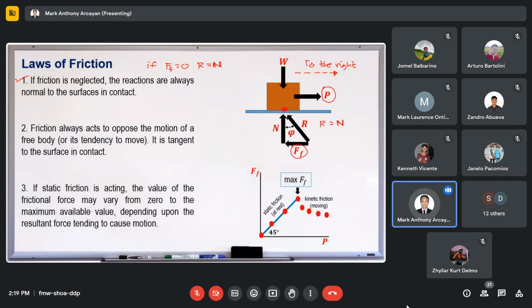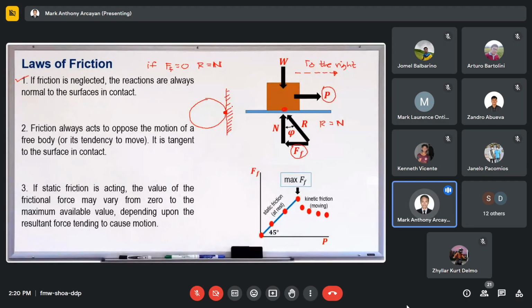Okay, number 3. By the way, going back to number 2, the statement that it is tangent to the surface in contact also applies to curved surfaces. For example, if we have a circular object against a wall, the contact is at a point because of the round shape.